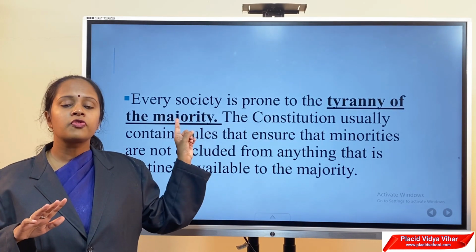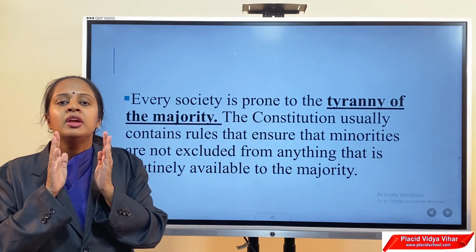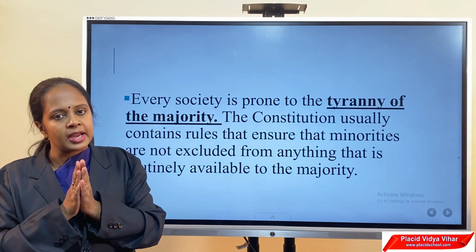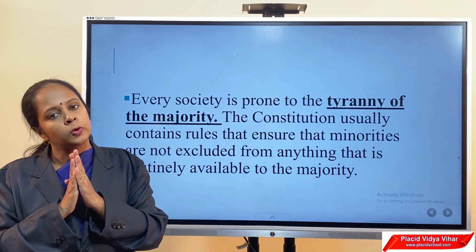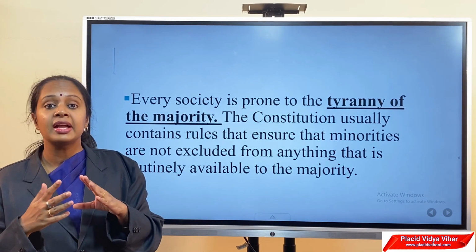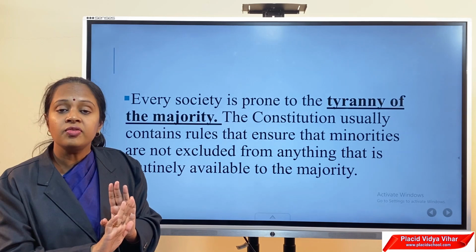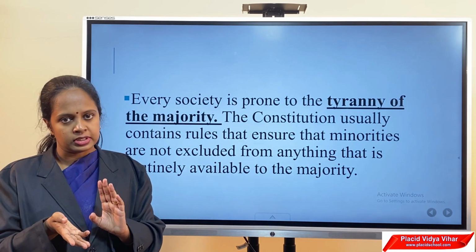So the role of constitution is to protect the rights and freedom of minorities or less dominant groups.